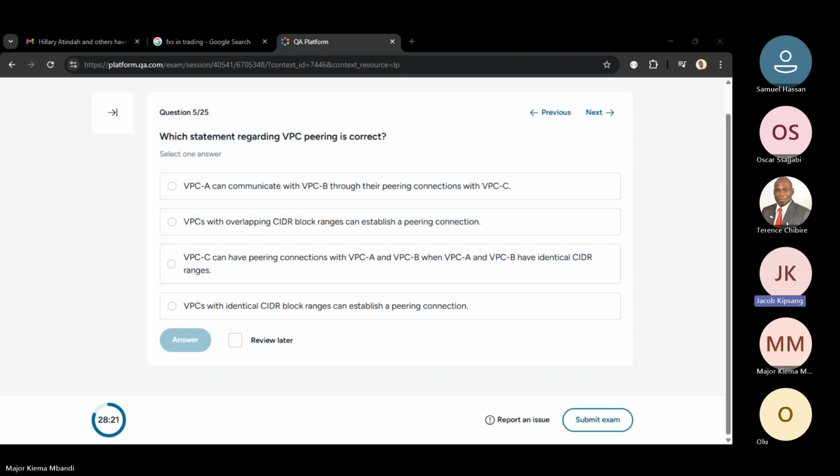I think I'll go with the last option. VPCs with identical CIDR blocks can establish a peering connection.